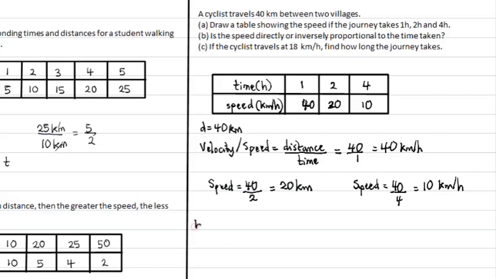Now for the B part, is the speed directly or inversely proportional? As you can see, it's obvious, it's inversely proportional because the time is increasing and the speed is decreasing. So that's a sign of inverse proportion. From the table you see that if we double the time, the speed is halved. Like I said before, the speed is inversely proportional to time.